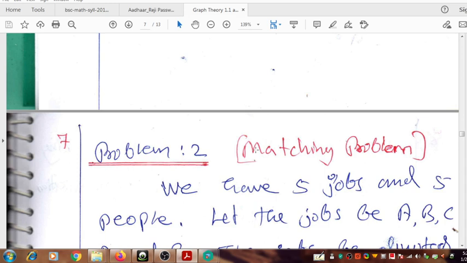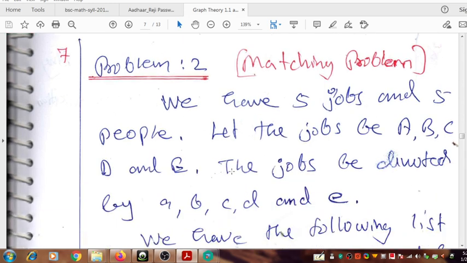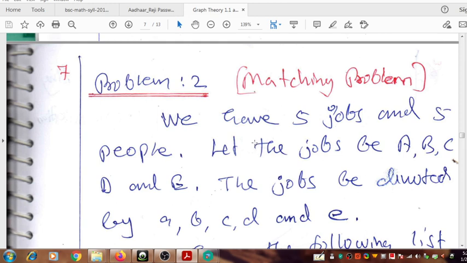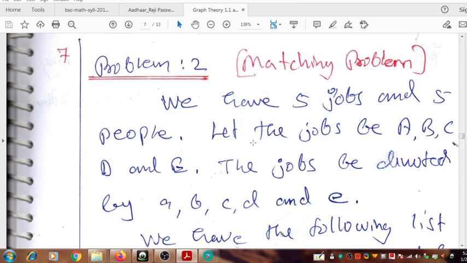Now, in the matching problem, you can see this problem is described here as a very small problem. We have 5 jobs and 5 people, and the problem explains about jobs and people.